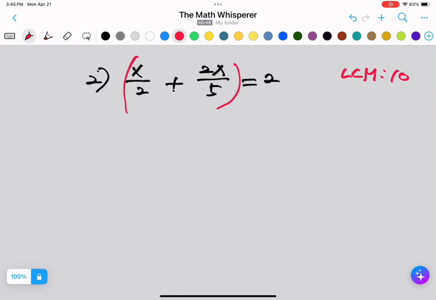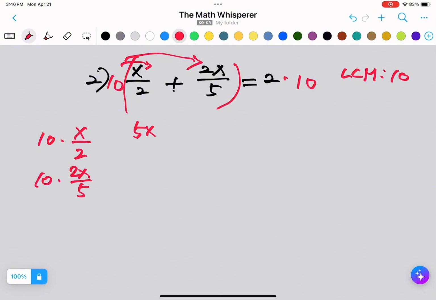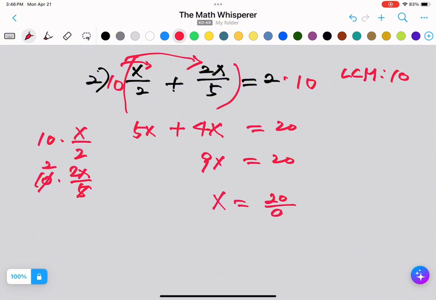So you multiply 10 by the left-hand side and right-hand side. 10 times x over 2 is 5x. 10 times 2x over 5, the denominators cancel out, and it's 4x. Equals 20. So 9x equals 20. x equals 20 over 9.